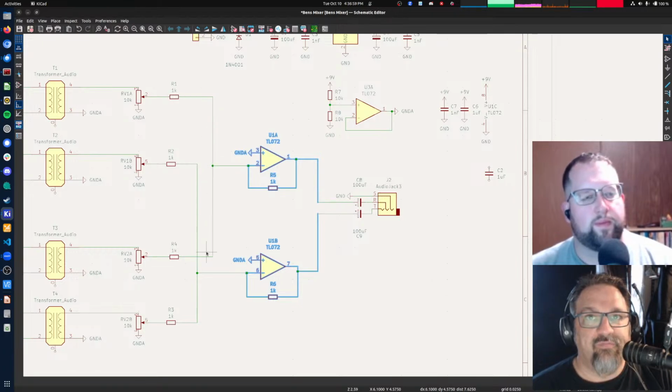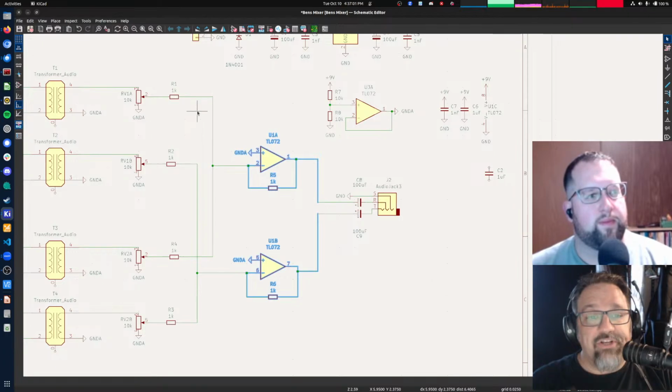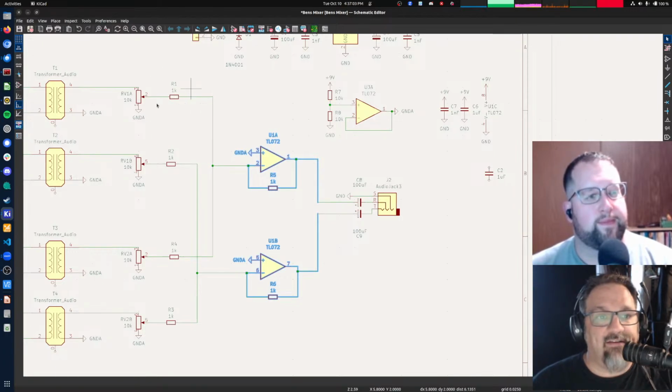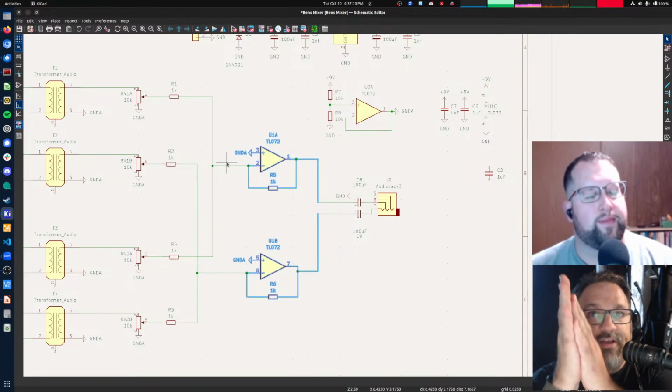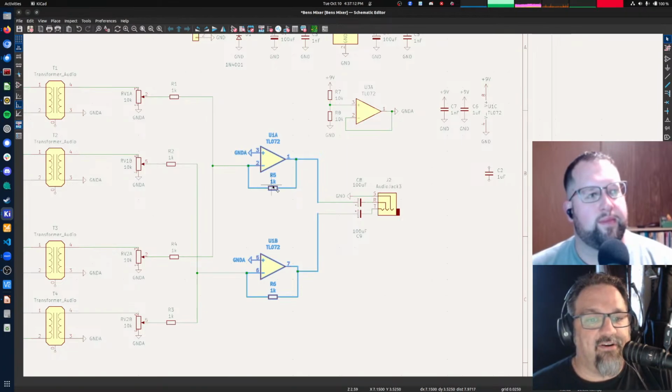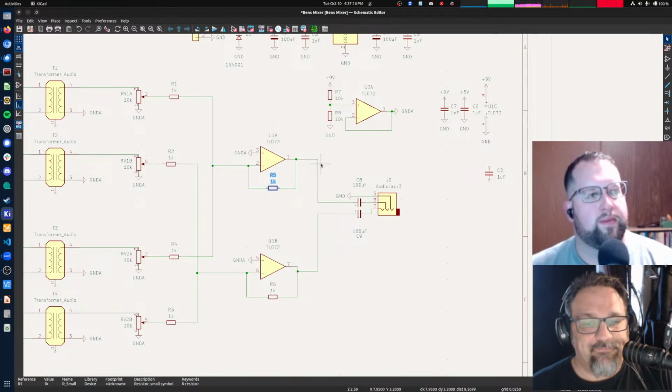I've only drawn 2, but there are a total of 5 in your mixer. And you can just add more and more. You can keep adding as many input resistors into this node as you want. And just whatever currents are coming in, they will all get summed together and sent out through the output of this op amp, and then through the DC blocking caps and then to your output connector.